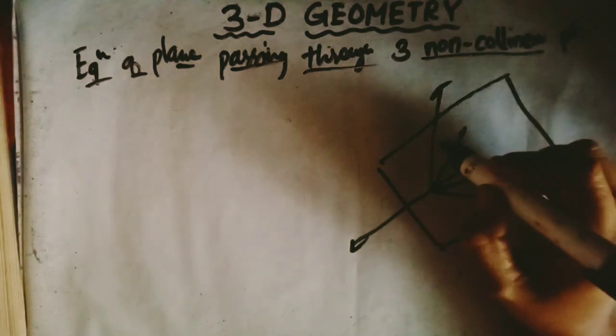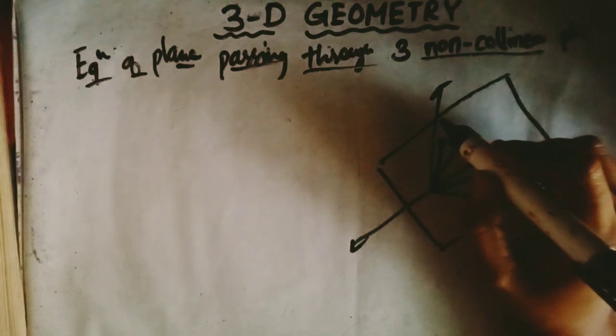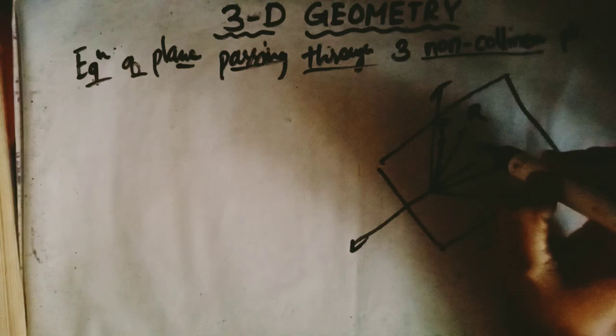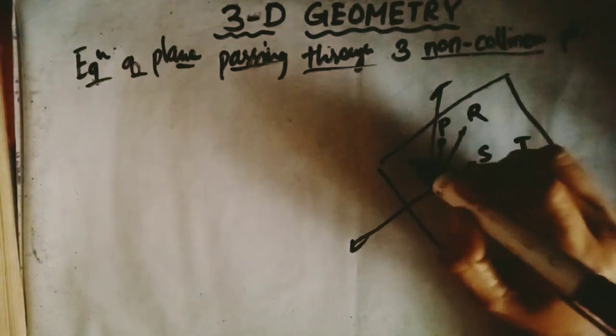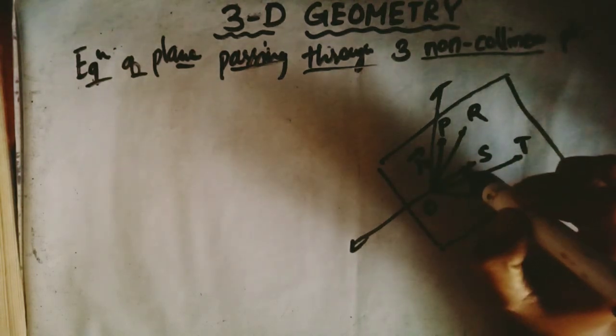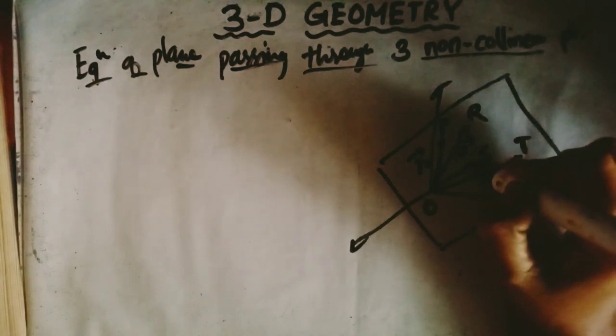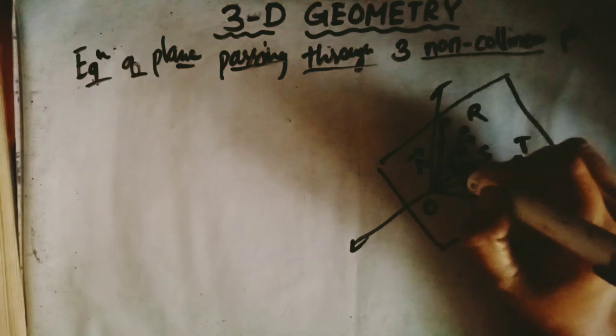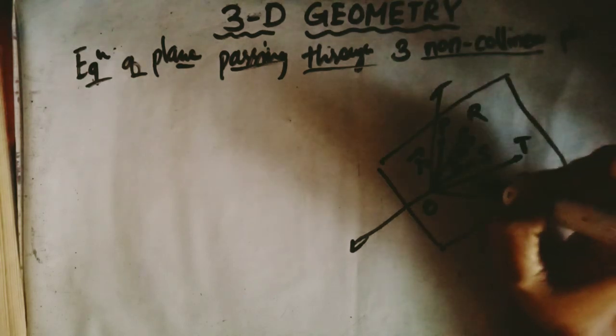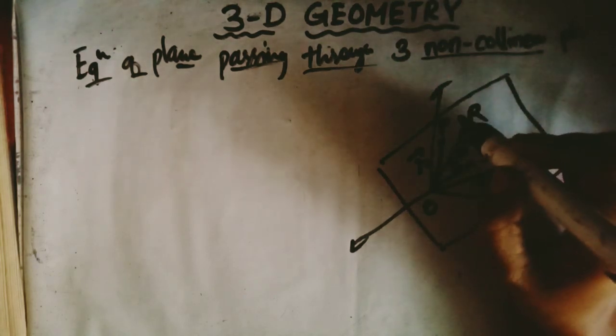And there is one more point, which is point P, with position vector r. For point R I am giving A vector, for S I am giving B vector, and for T I am giving C vector.